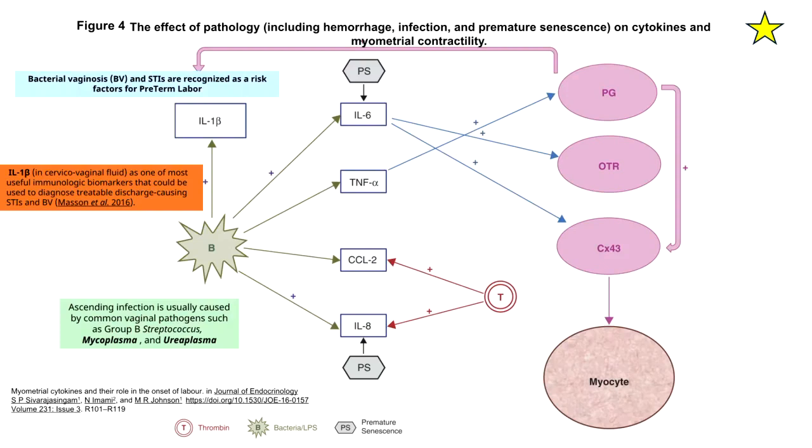And when prostaglandins are present, together with other factors, they can activate the contractions of the myocytes in the uterus, and contractions will start and preterm labor will start if the patient is less than 37 weeks.